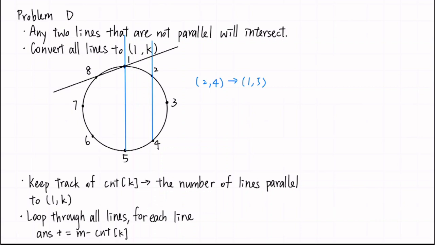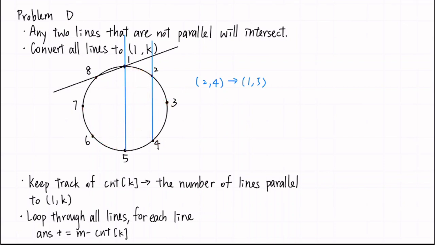And so after we convert all of the lines into the form 1k, which again is a line that passes through the point 1 and some other point k, which is in the range 2 to N. So this would represent all possible lines, since 1, 2 can represent lines 3, 8 or 7, 4 and also 6, 5.